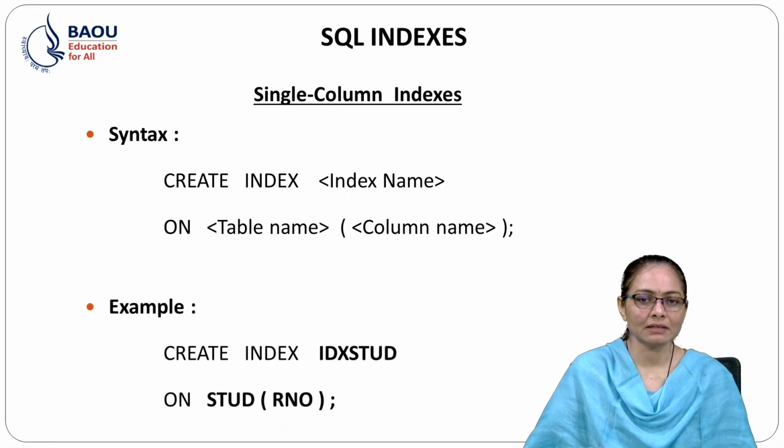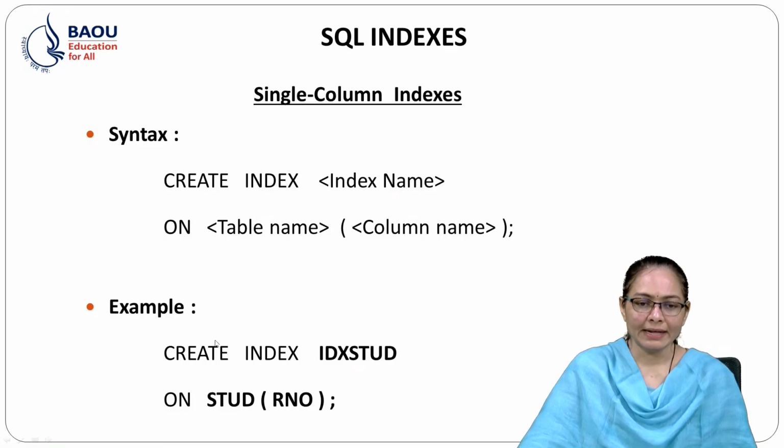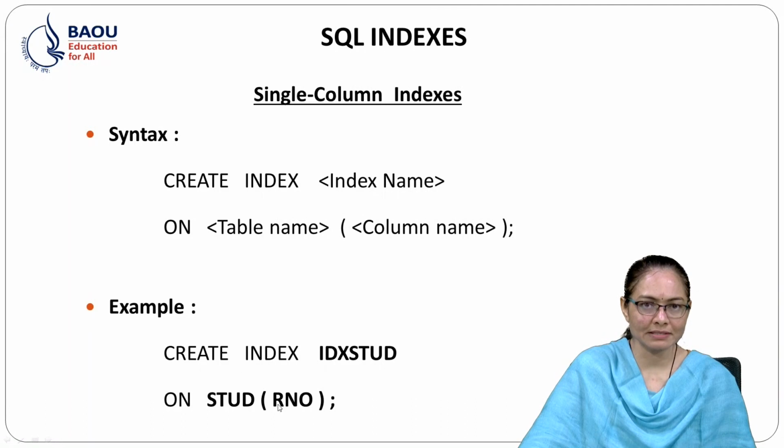See the example: create index idx_stud on stud, in the brackets roll number. It means the index is created on the student table, and in which column? The roll number column. The index is created on the roll number column from the student table. So write down this command.